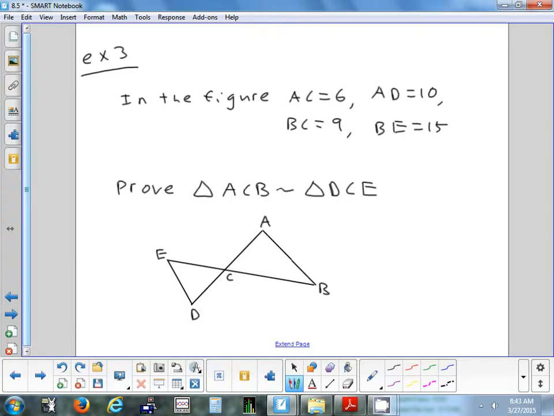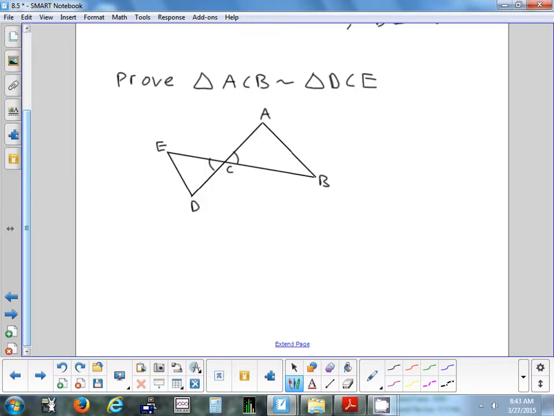Now, those are vertical angles. Yep, we do have a pair of vertical angles, so let's start with that. And then we could use angle D and angle A are congruent because of, what's it called? Which angles, A and D? Yeah.